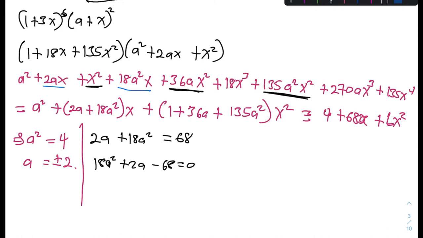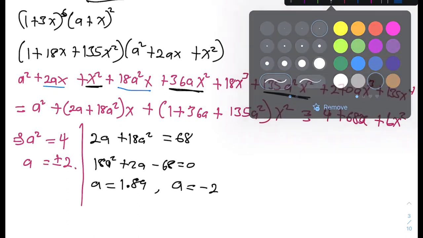So I have 18, 2, negative 68. I'm getting answers such as a is 1.89, and then a again giving me negative 2.